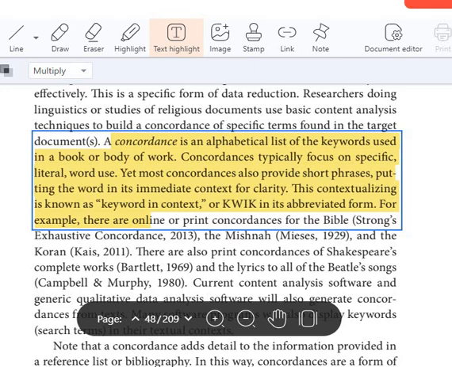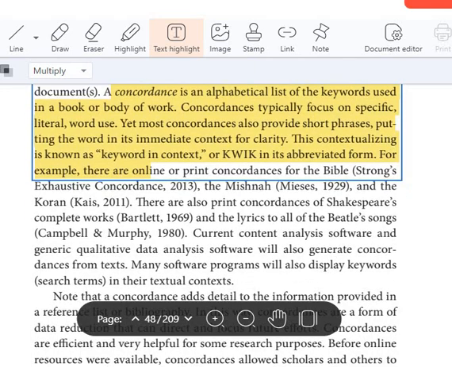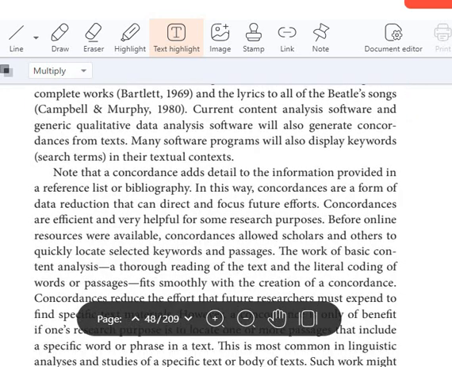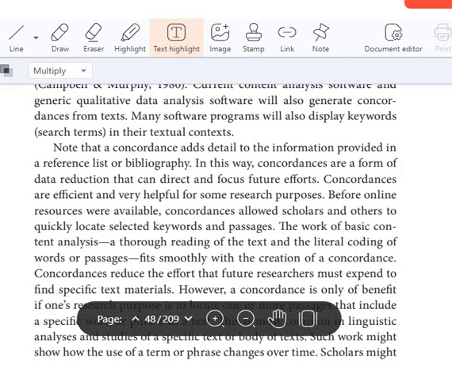Concordances are a big help actually for researchers to know exactly what the main words are, or where the words are focused. So it adds details actually.